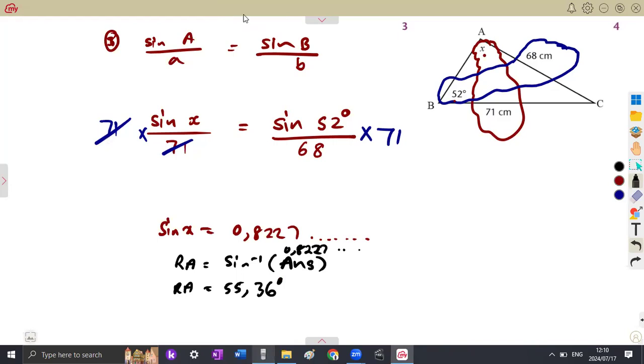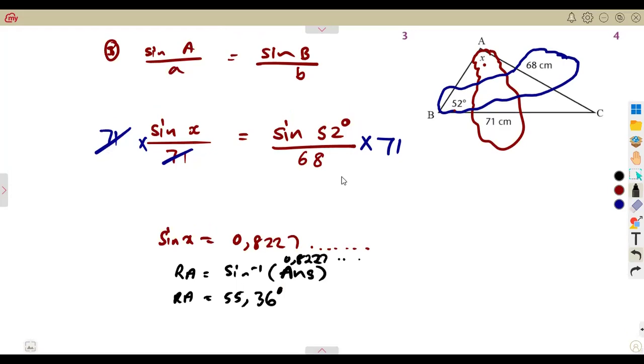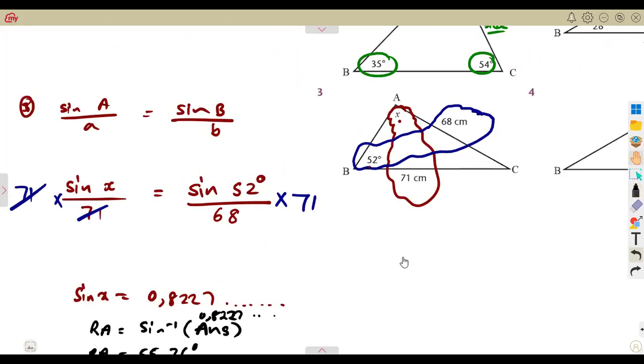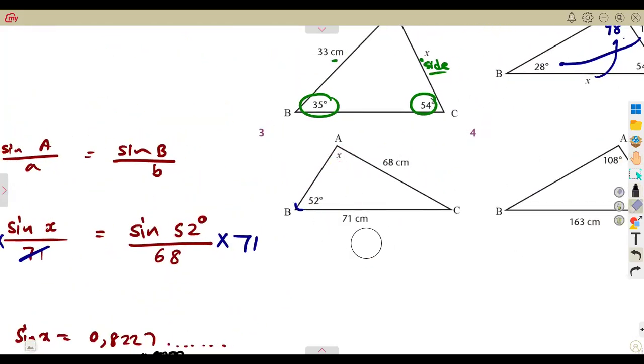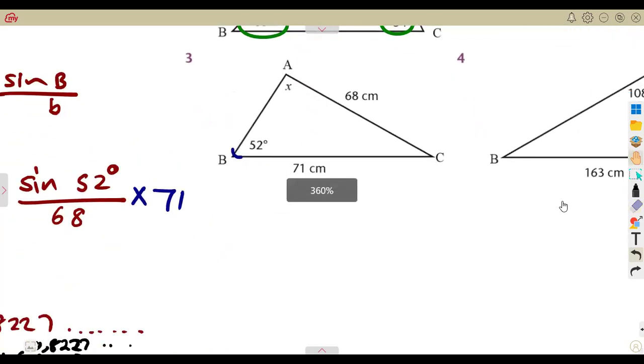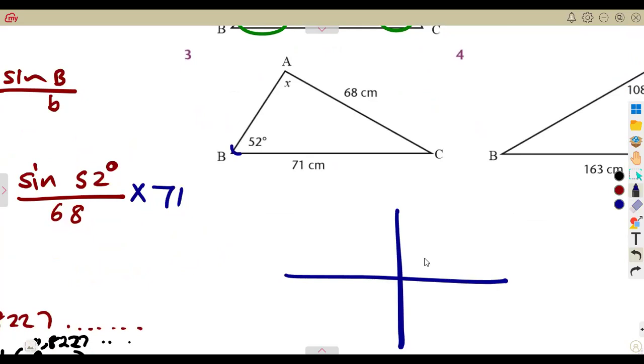All right. So if this is our reference angle, 55.36 degrees, I want you to understand that this is a triangle that you are working with. You are referring to a triangle. We're not done. I want to conclude this. All right, sorry for that, guys. This is a triangle that you are referring to. This concept is still applicable, the CAST concept.